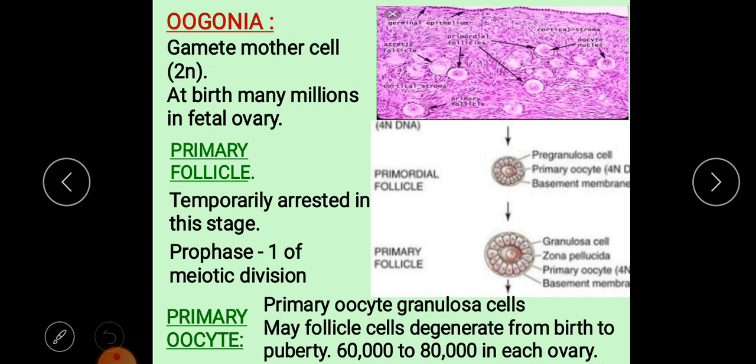In the female, by puberty there would be 60,000 to 80,000 in each ovary remaining, and out of these, about 450 primary follicles, only one develops into an egg every month.